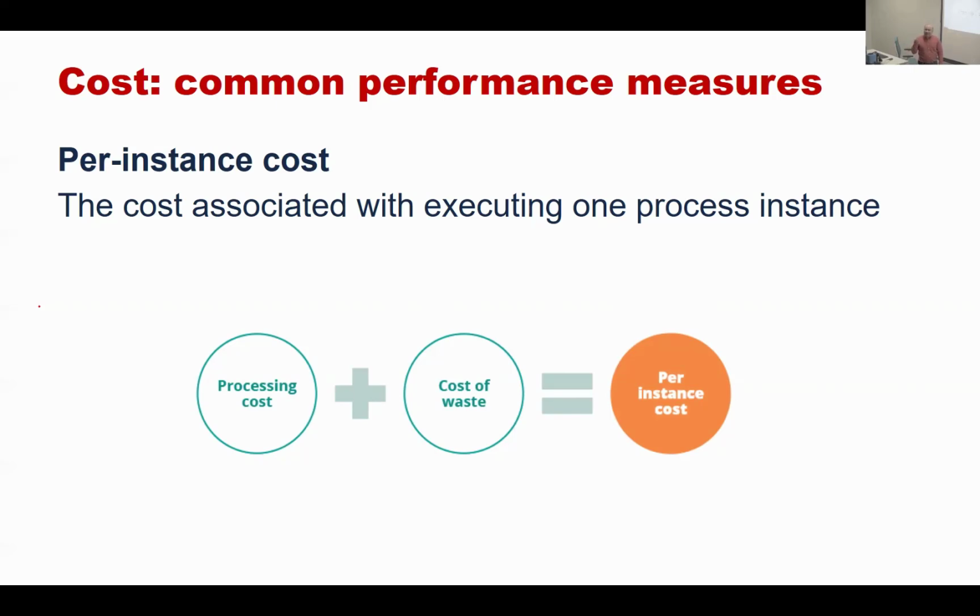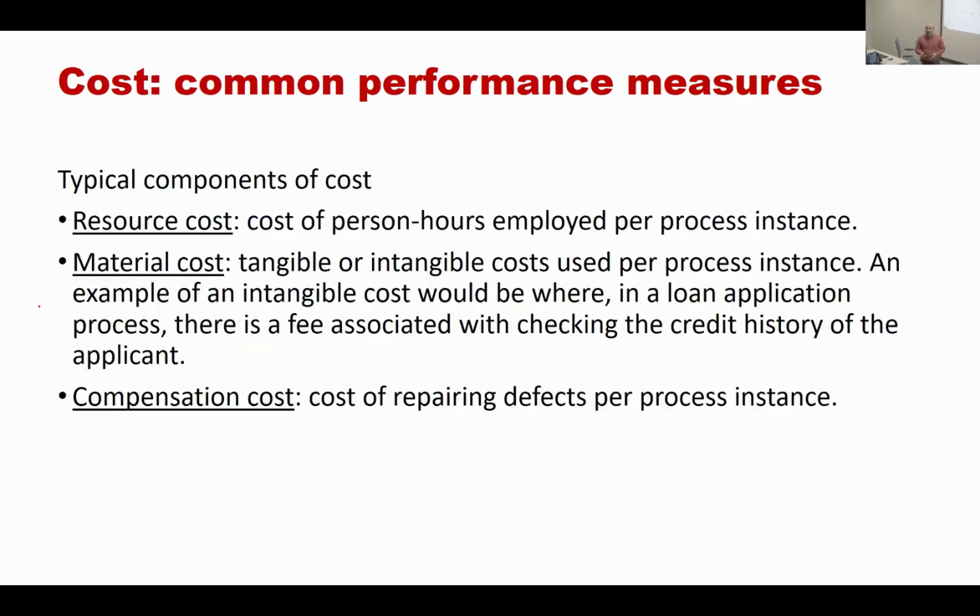And theoretically, if we analyze it, this cost can be decomposed into the processing cost, the cost of doing value-adding steps in the process, plus the cost of the waste. For example, the cost of correcting defects that we commit during the execution of a process.